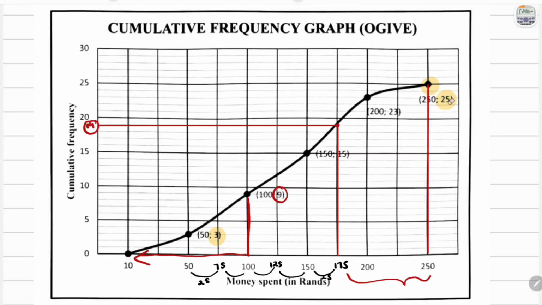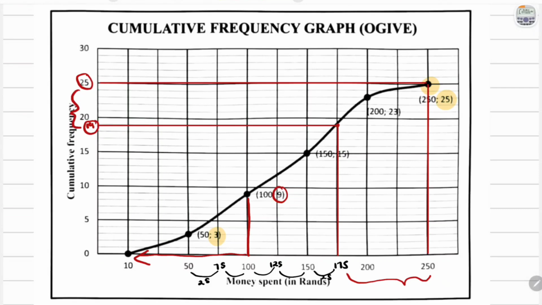This 25, remember, stands for the total amount of learners that you have, right? And since the 19 stands for people who spent 175 or less than 175, to find everybody who spent more than 175, you're going to take the total number of learners minus the people who spent either 175 or less than 175. And that would give you everybody here who spent more than 175.